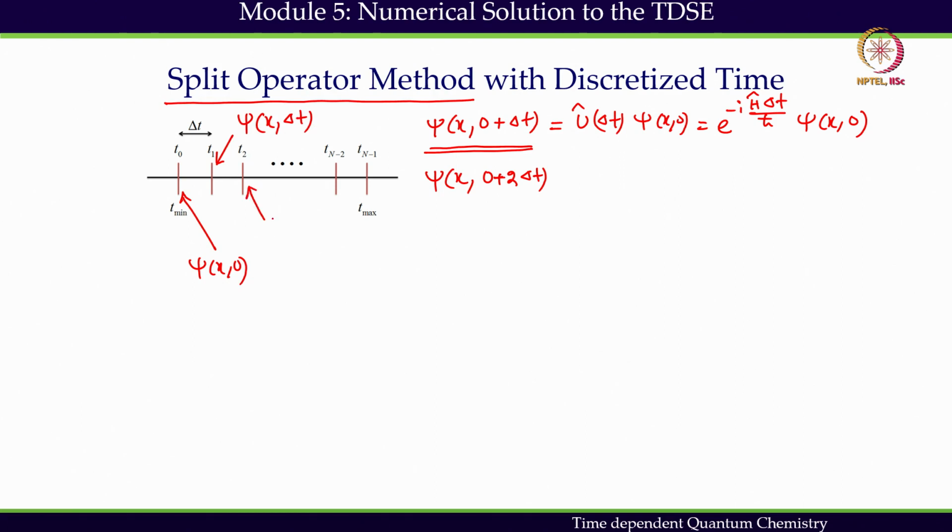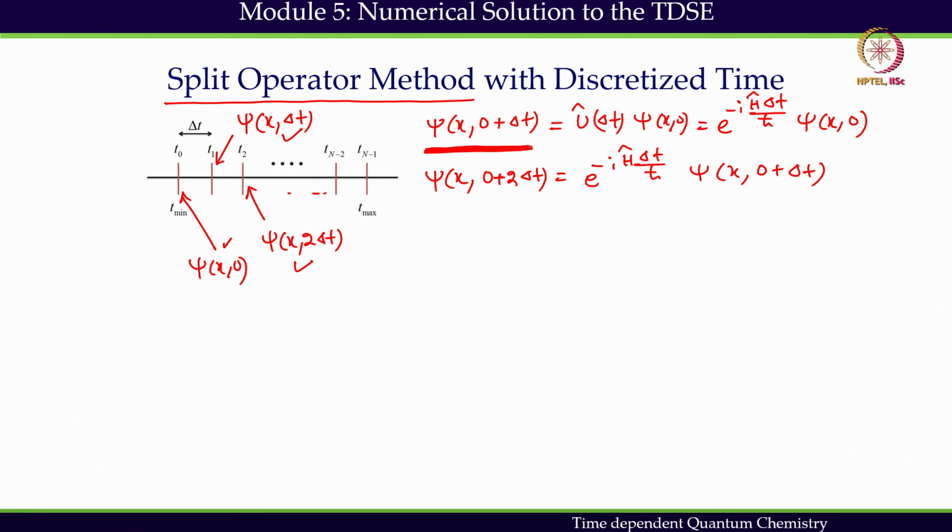So, at this point I have the initial wave function. Then at this point I have the wave function at delta t. At this point now I have it at 2 delta t, and in this way I am just propagating the wave function. The wave function was initially here, then it is like this, then like this, and so on. It will keep propagating in time, and that is what we are writing here. So, this is going to be e to the power minus i H delta t by h cut, then here I will write psi(x, 0 plus delta t).